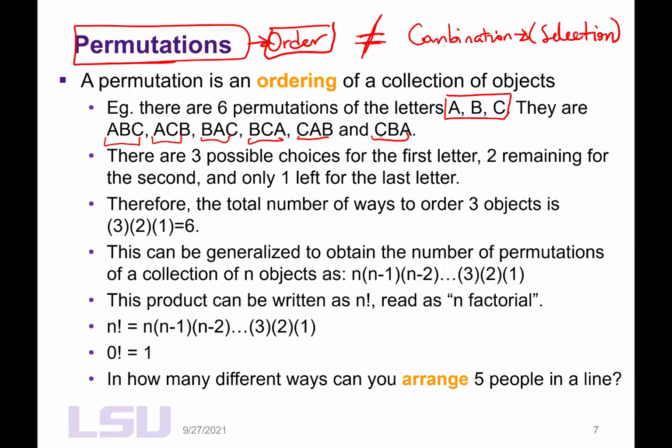But with combination, we don't care about ordering. So with combination, there is only a selection of 3 letters. It's just A, B, C. We don't care whether A comes first or B comes first or C comes first. Order is not important in combination. And when we talk about combinations in more detail, you will see what the difference is.